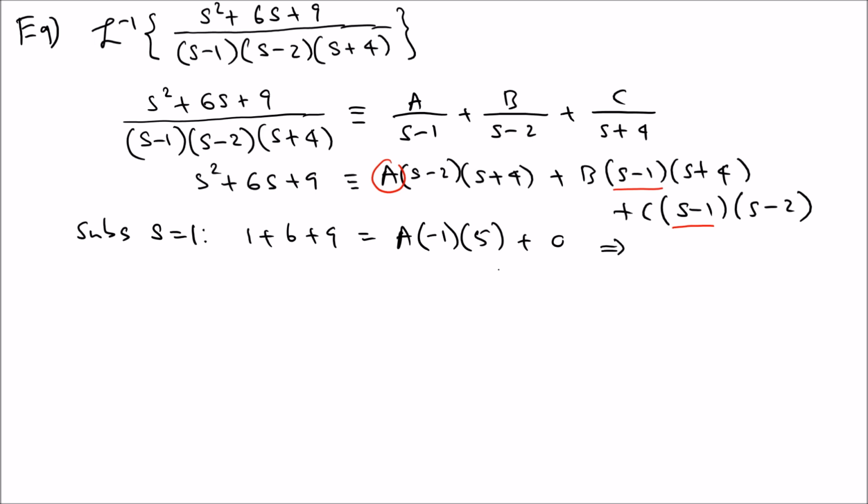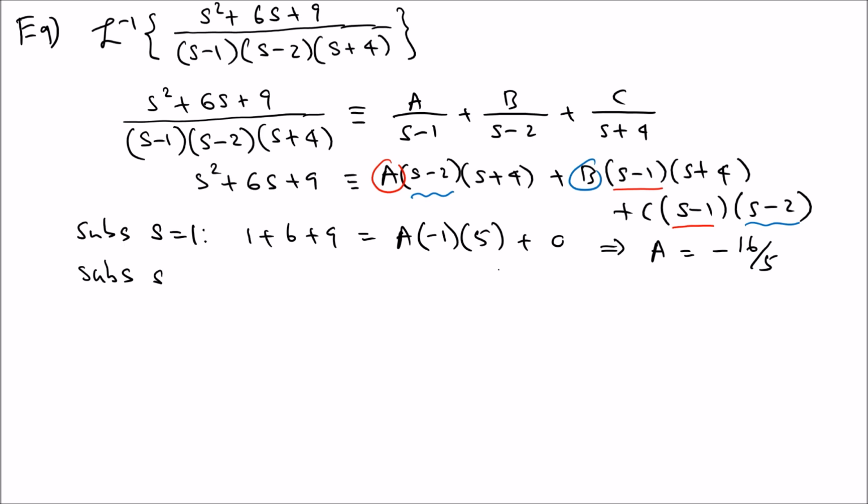You can see you get 16, so A equals negative 16 divided by 5. Same thing with the other one. If you want to find B, what are you going to substitute? Look at the other two terms, see what is common. You can see s minus 2 is common. So we're going to substitute s equal 2.